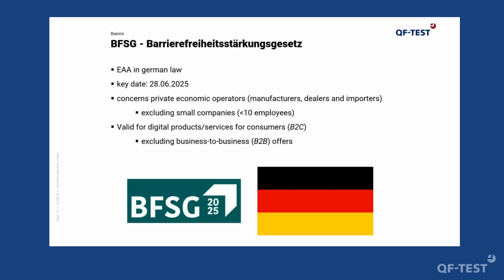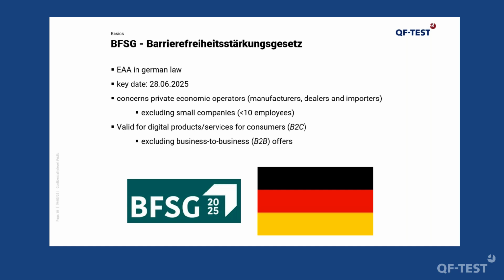It concerns private economic operators, excluding small companies, like companies with less than 10 employees and less than 2 million of profit in a year. And it's valid for digital products and services for consumers. So basically business to consumer relationships.